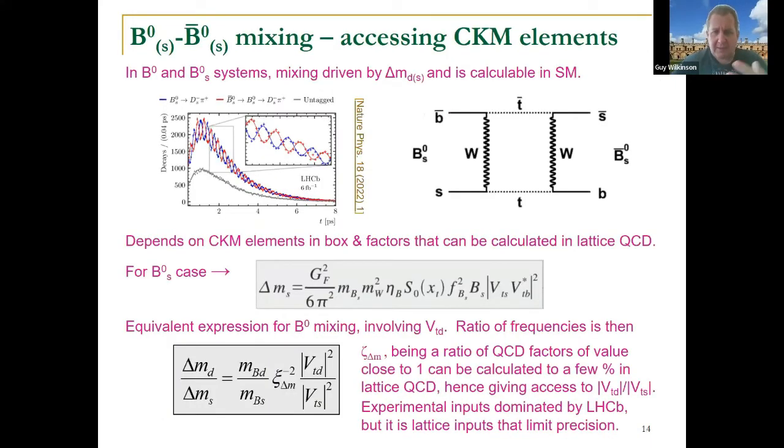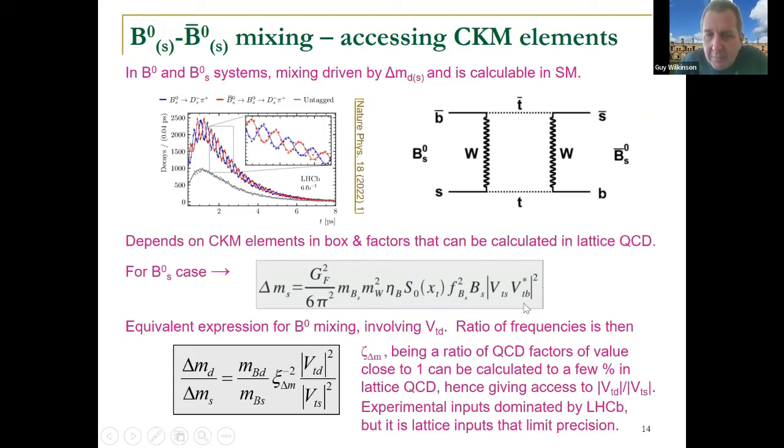Okay, so let's tie this back to the unitarity triangle. This oscillation frequency, which is given by the mass splitting, here I show it for the BS case, delta MS, is driven by this box diagram here, and that box diagram involves the matrix elements, in particular here VTS and VTB.